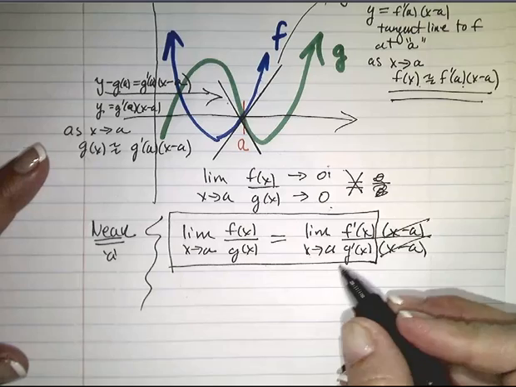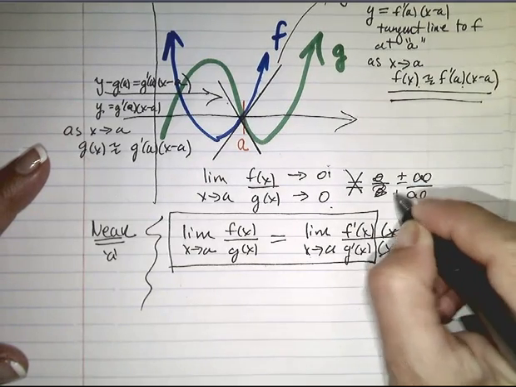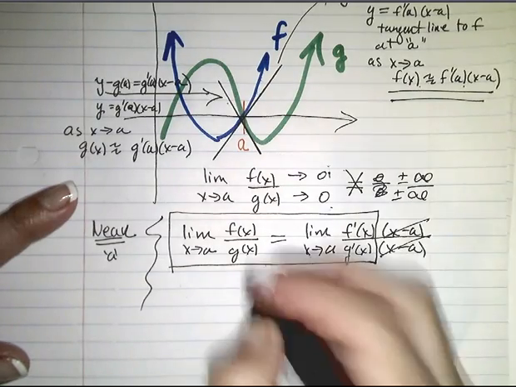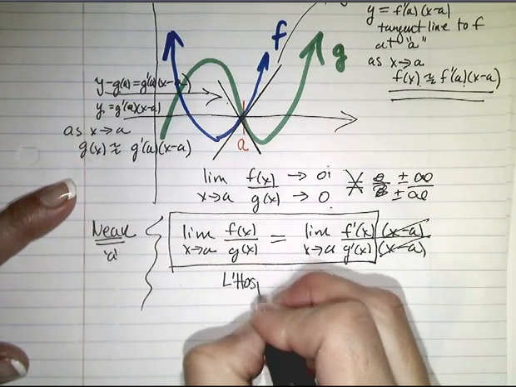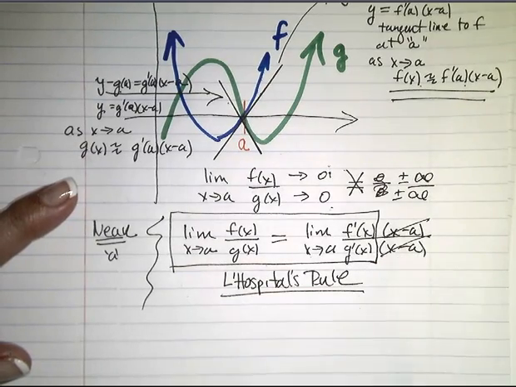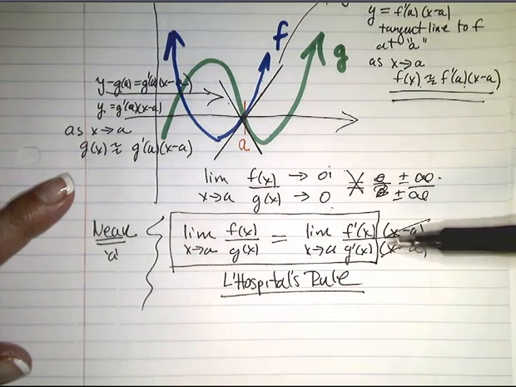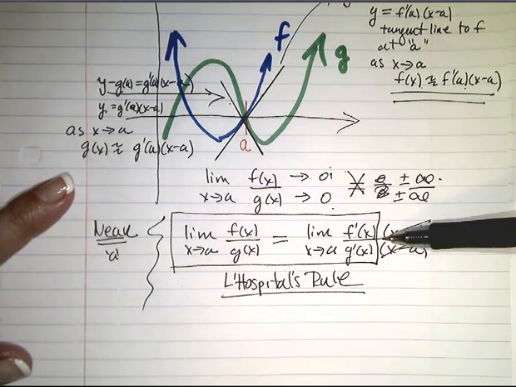This actually holds true if we are in the form infinity over infinity, plus or minus, plus or minus. And so what I have right here is the statement of L'Hopital's rule. So if you have an indeterminate quotient, then this equation is true.